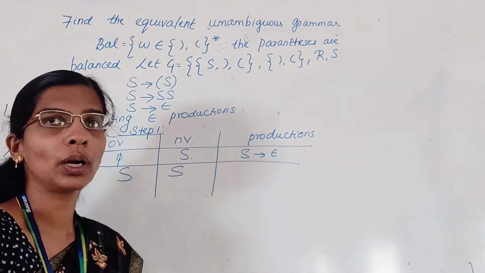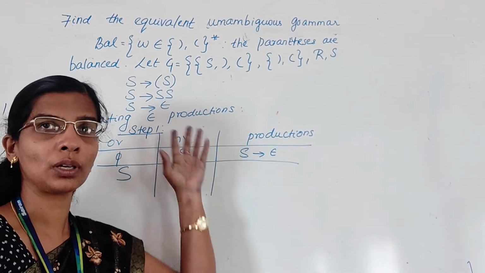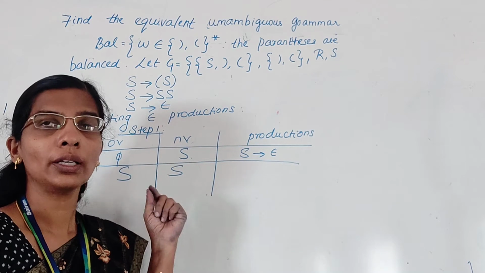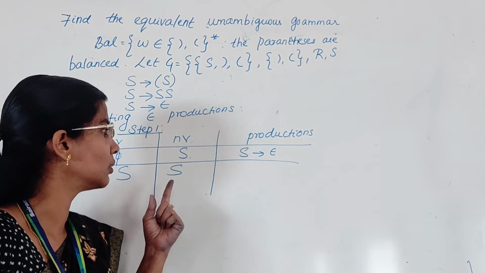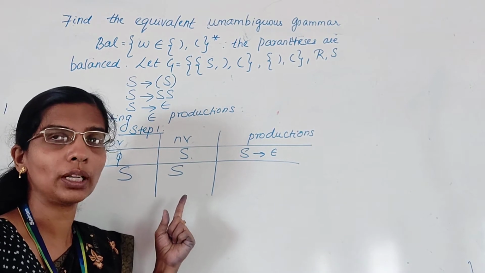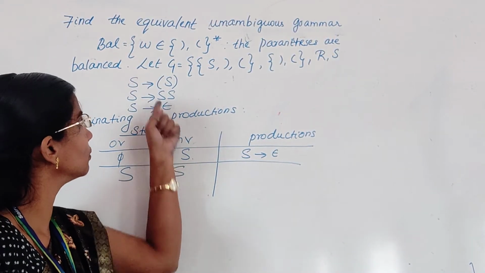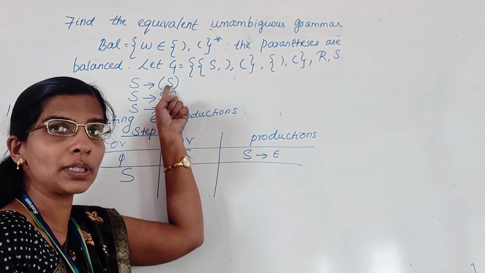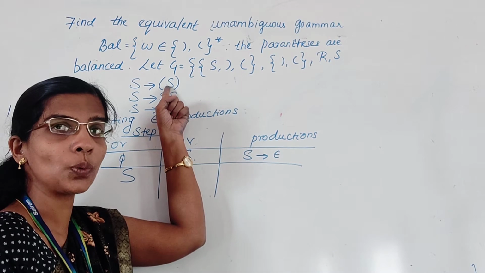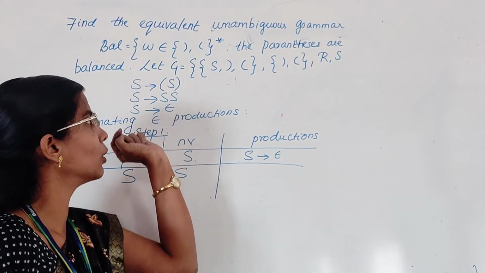Then you have to substitute S tends to epsilon in the remaining productions, and check whether you are getting only epsilon on the RHS. When I substitute here, I won't get only epsilon on the RHS; I get open bracket and close bracket.